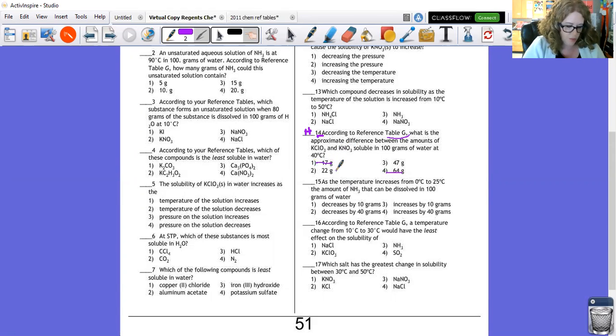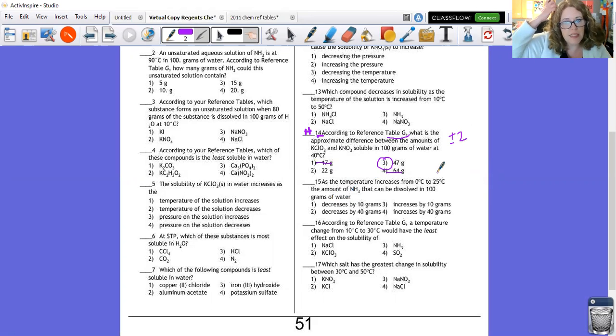So I'm going to do my 65 minus 15, which comes out to be about 50, and that's going to be our closest. Remember, with table G, you really have a plus or minus 2 because of the way you can read the graph.